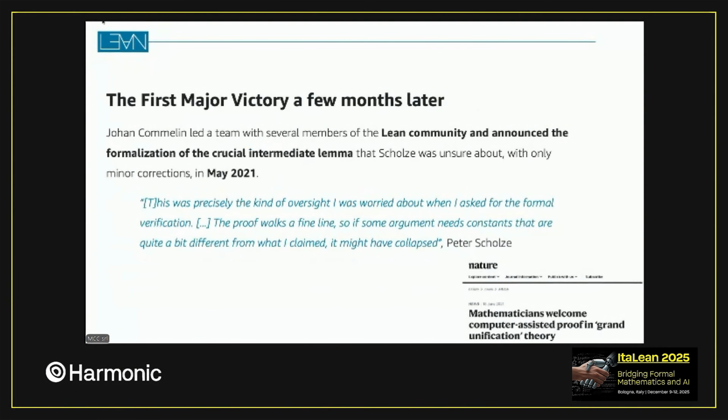But then the first major victory arrives. A team led by Johan Commelin manages to prove the main results Peter Scholze wasn't sure about, and it did not take years. This was May, a few months later, and the result was in Nature magazine. Everybody started paying attention to Lean at that point.